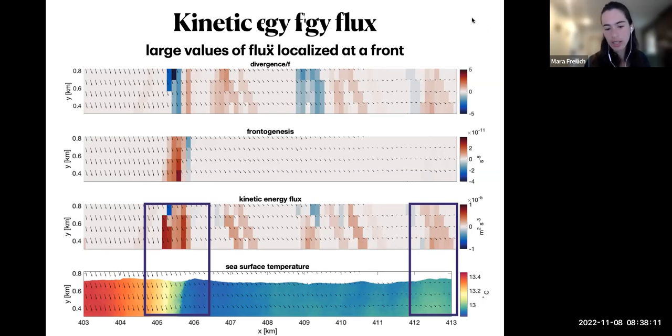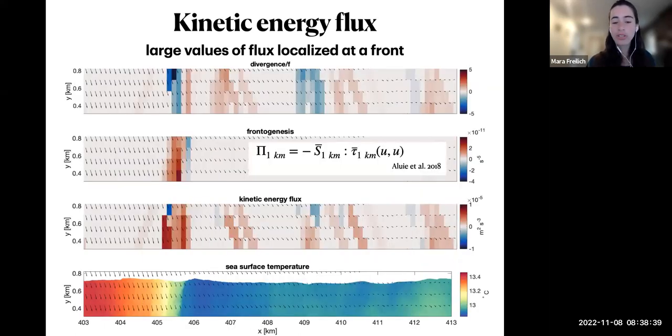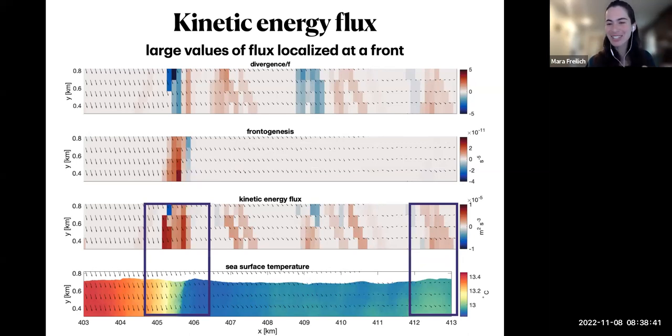And so I think that they could be related to sorts of fluctuations that may be physically meaningful within this front. And so part of the reason I decided to focus my snapshots on these two areas where we saw correspondence between sea surface temperature and velocity is because I think they're a little bit more physically explainable.